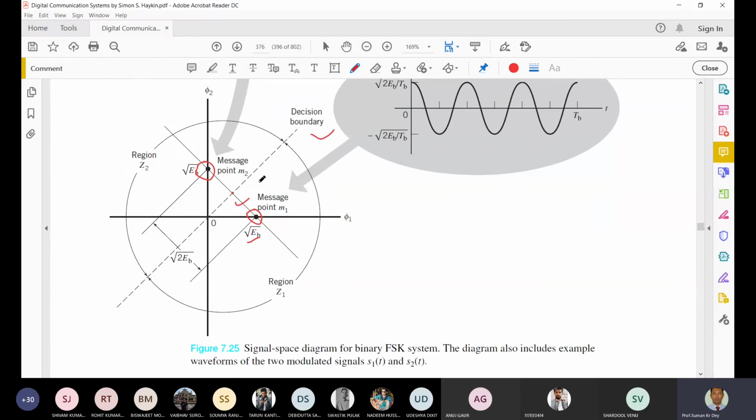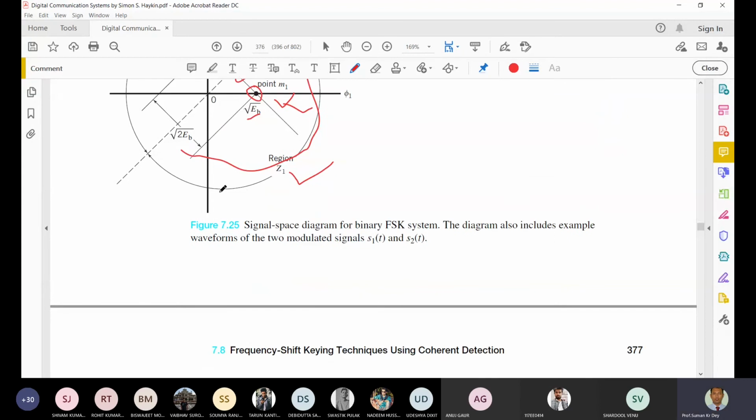So in this figure, whenever we are transmitting a symbol, say M1, two regions will be there, one region Z1 and the second region Z2. If any value after being affected by the noise falls in this region, it is indicating the message point M1. If it falls in the region of Z2, it is indicating the message point M2. Two different messages it is indicating.